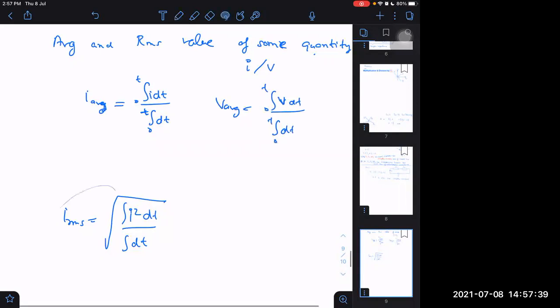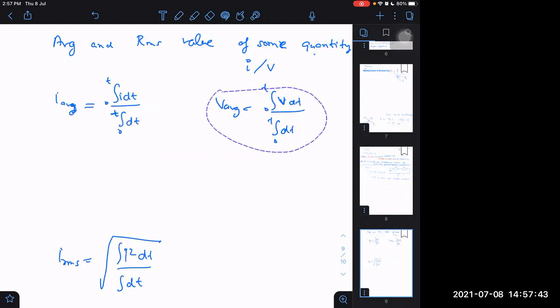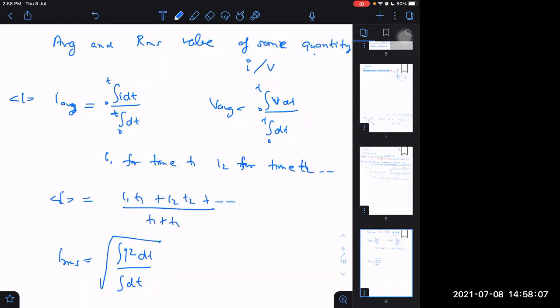This is for a continuous quantity, but sometimes the quantity may not be continuous. If it is a discontinuous quantity, the current may be like this: I1 for time t1 and I2 for time t2 and so on. Then I average will be I1 t1 plus I2 t2 and so on, upon t1 plus t2.